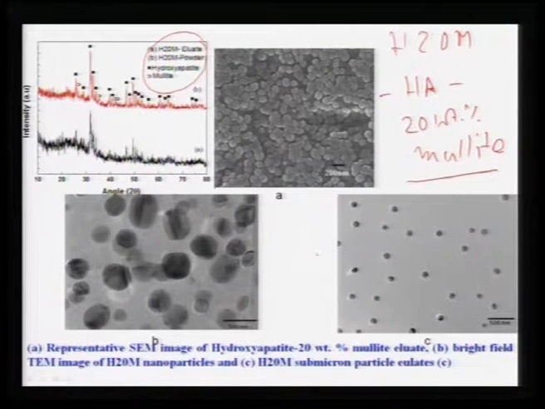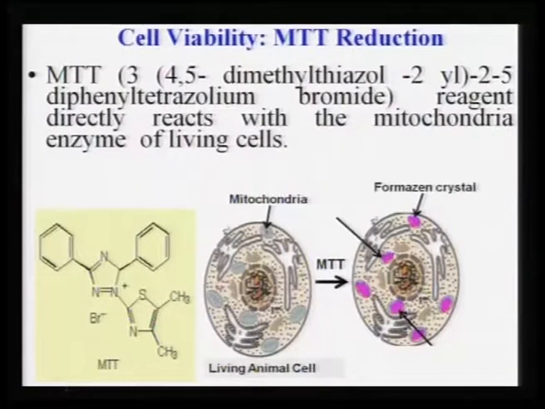Here you can see 2 types of particles: this is less than 100 nanometer and this is greater than 100 nanometer. You can clearly see this is your 500 nanometer bar. So, individually these particles are less than 100 nanometer. Then we do this MTT assay. So, what is MTT? MTT is a particular biochemical reagent. Okay.